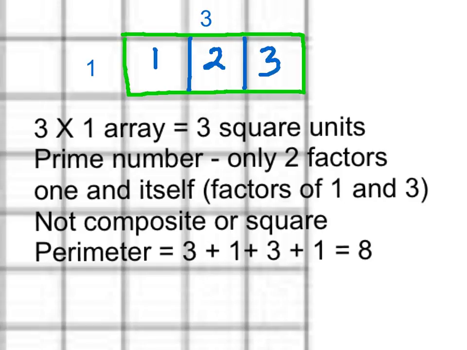It is again a prime number since its only factors are 3 and 1. And since it only has 2 factors, it's not composite, and the shape of the array is not a square. The perimeter would be found by walking around the edges, which would be 1, 2, 3, 4, 5, 6, 7, 8 units.